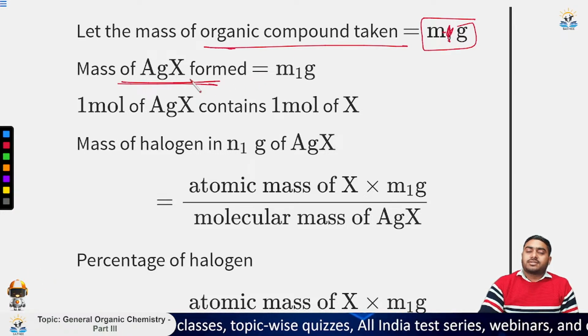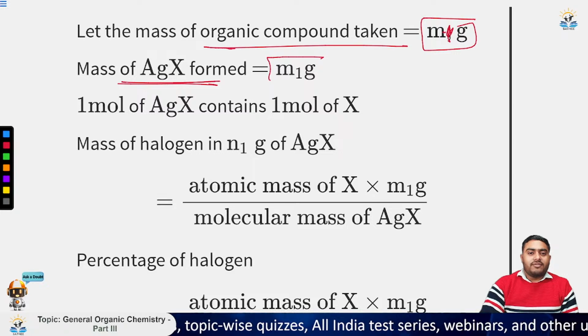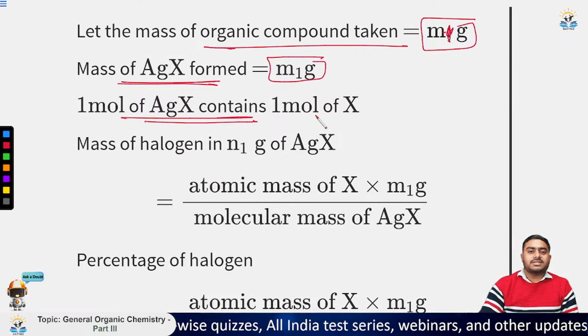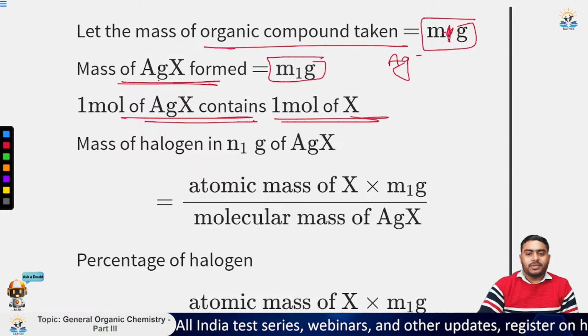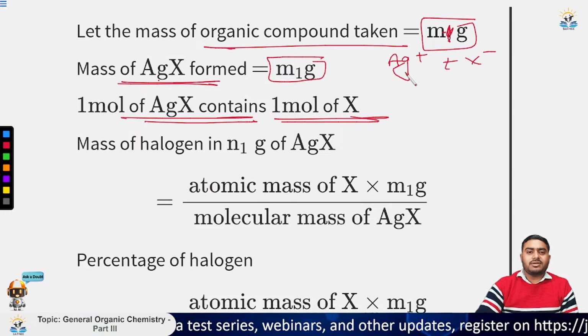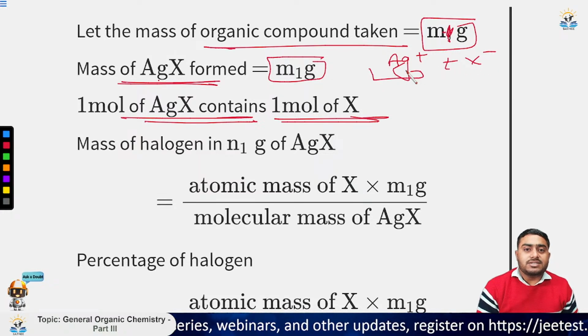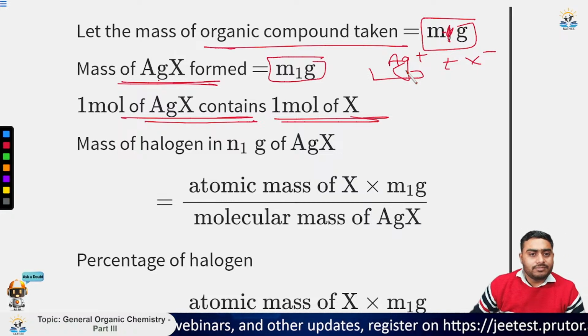Mass of AgX, silver halide formed, is m1 gram. 1 mole of AgX contains 1 mole of X, since AgX gives Ag positive plus X negative.